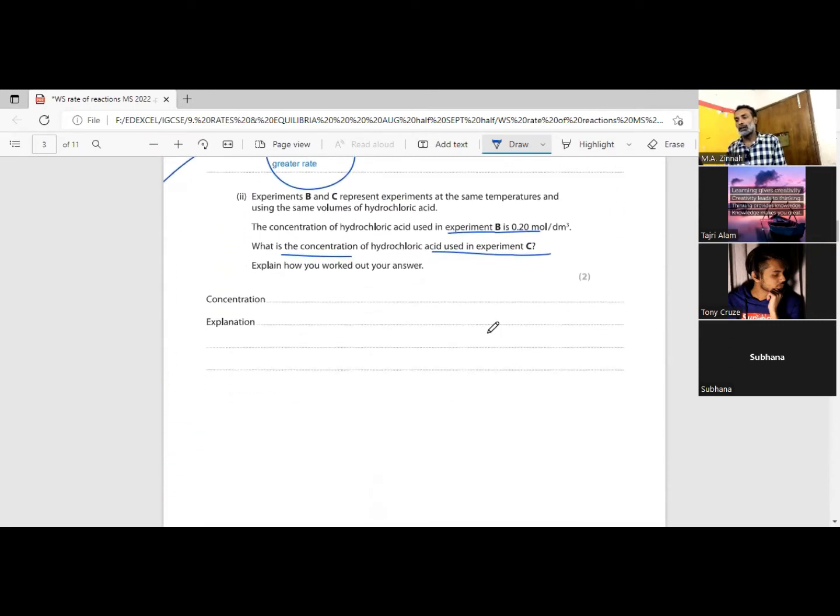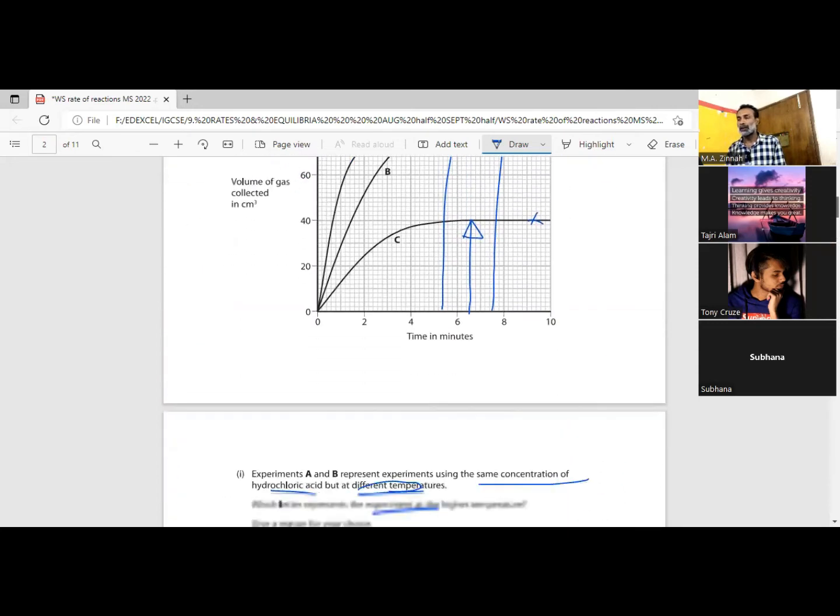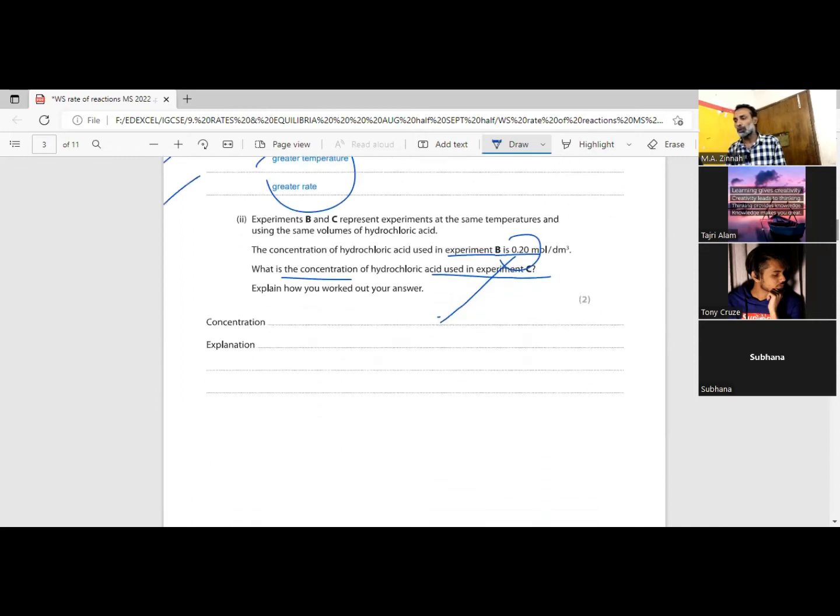So here concentration of one of them means B is given here. What is given? 0.2. So what would be concentration of C? Look at the C. C is less, right? Half. So C should be, concentration should be what? 0.1. 0.01, no, 0.1. This is 0.2 and 0.1. Now explanation. How to explain? বলো দেখি। বলো। Half volume.